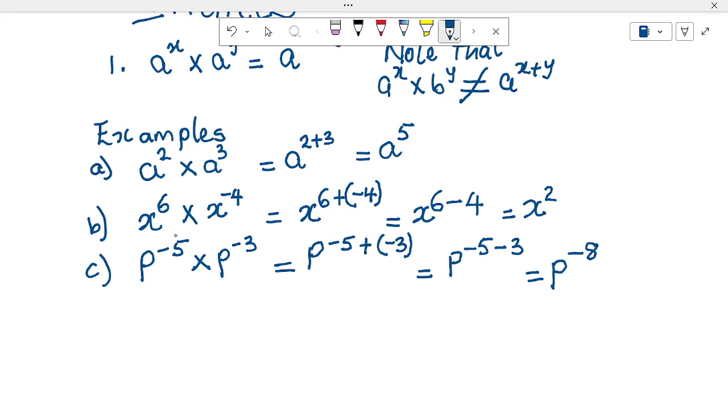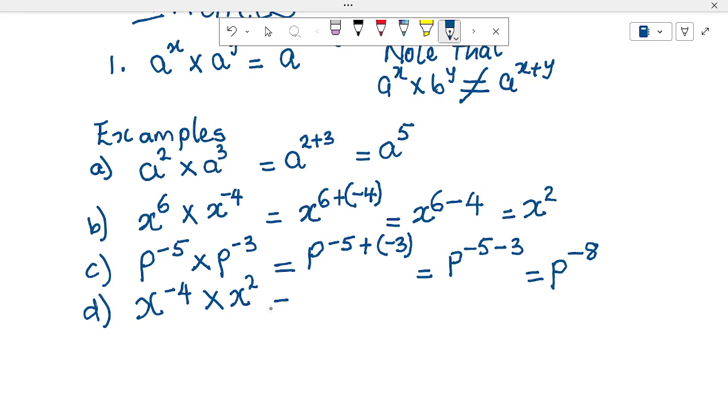Do you get that? Can we take one more example? All right. So let's take x raised to power minus 4 times x raised to power 2.